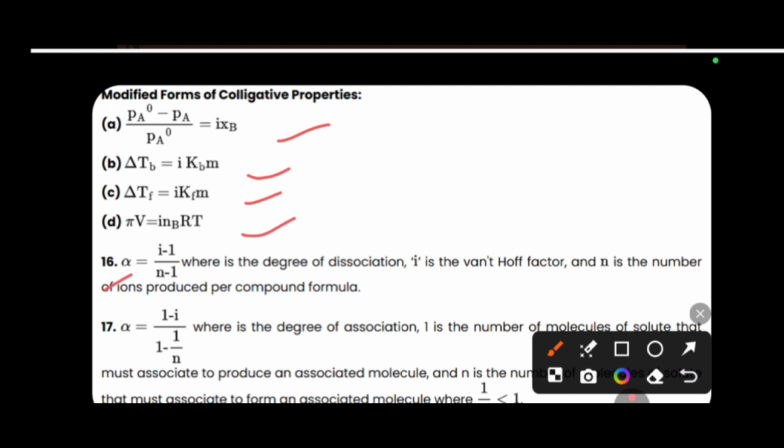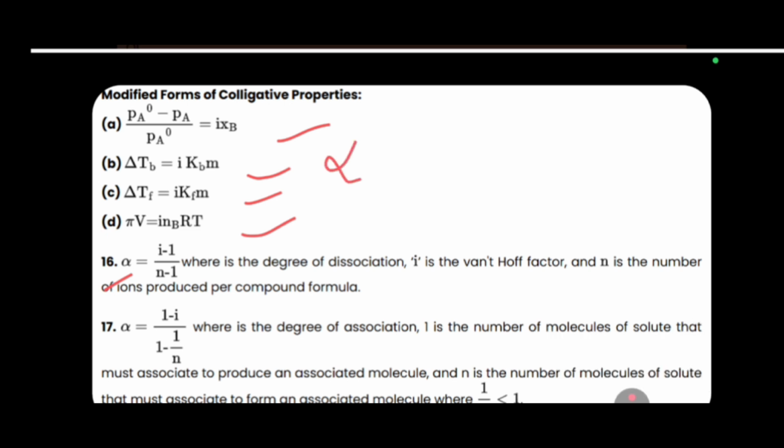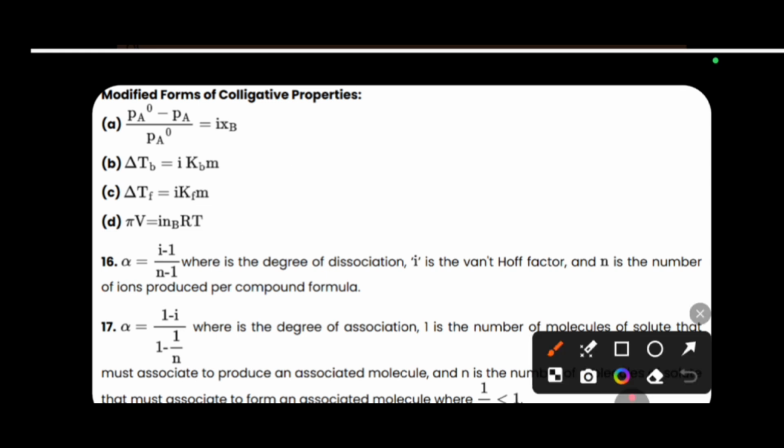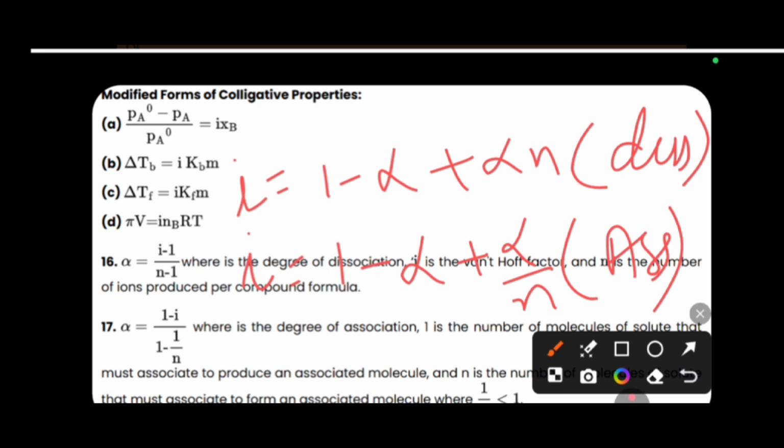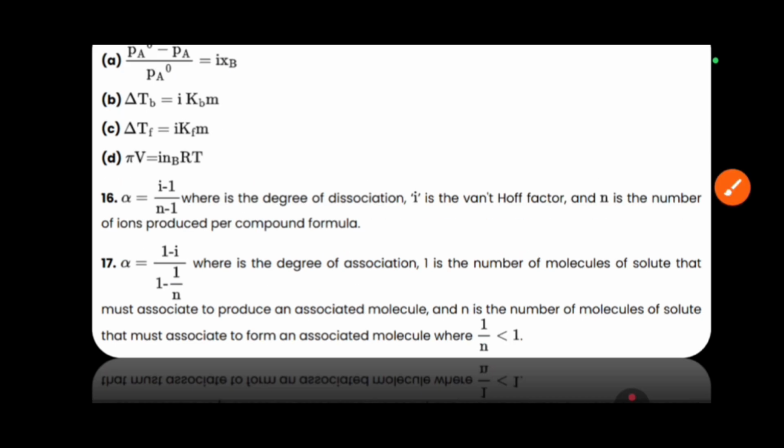And this formula is for degree of dissociation or degree of association. Again I will write here, for degree of dissociation, i is equal to 1 minus alpha plus alpha n. For degree of association, i is equal to 1 minus alpha plus alpha by n.